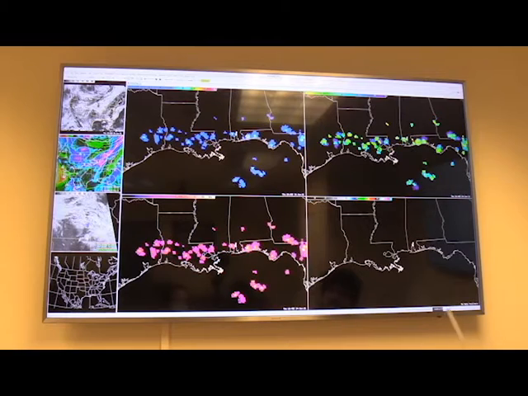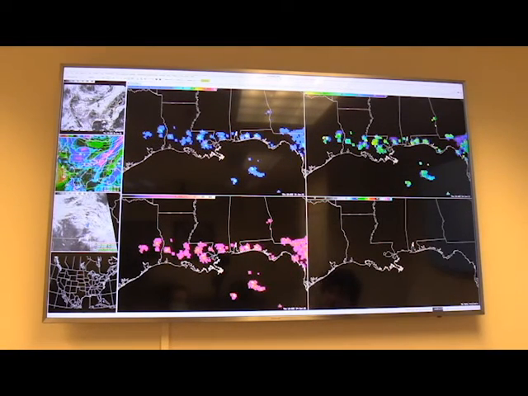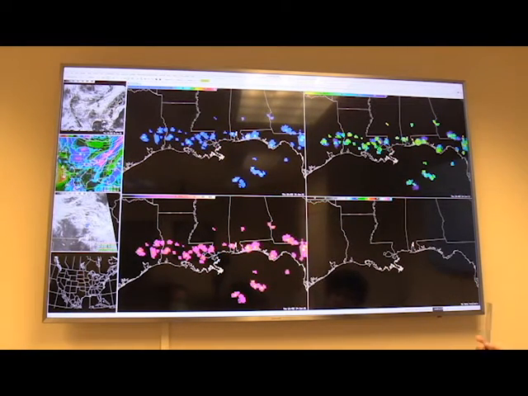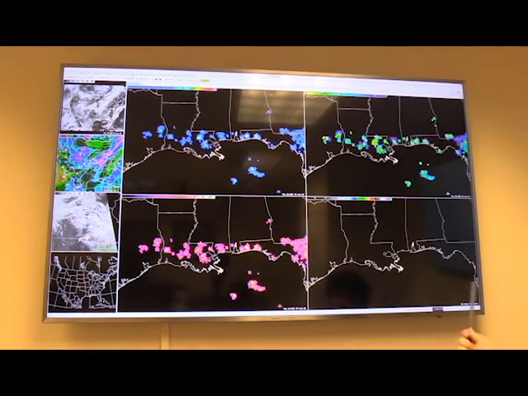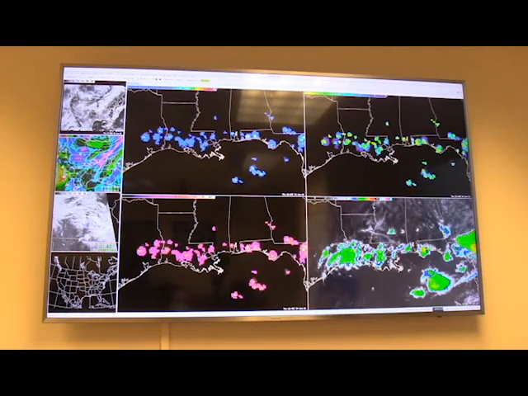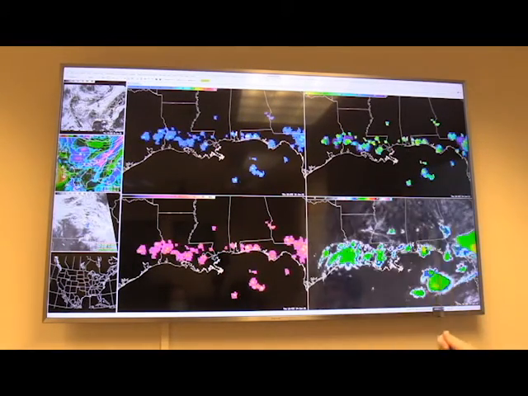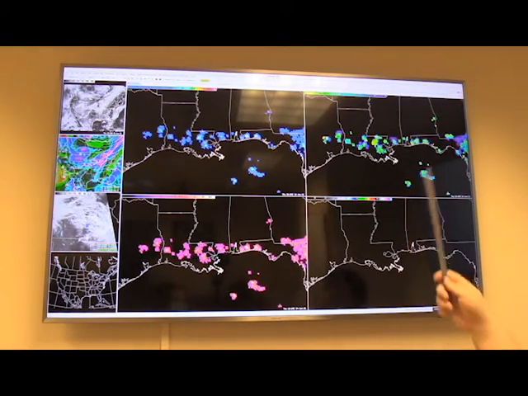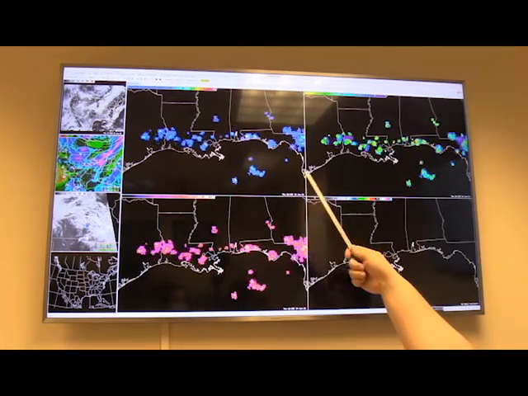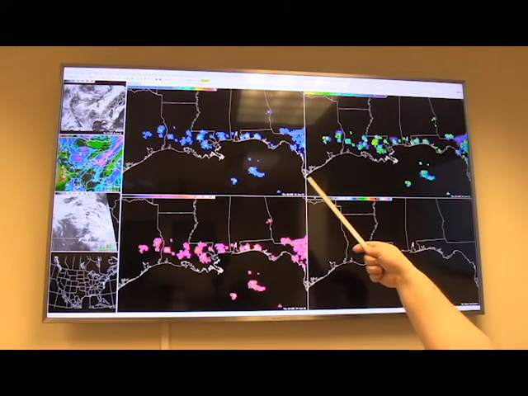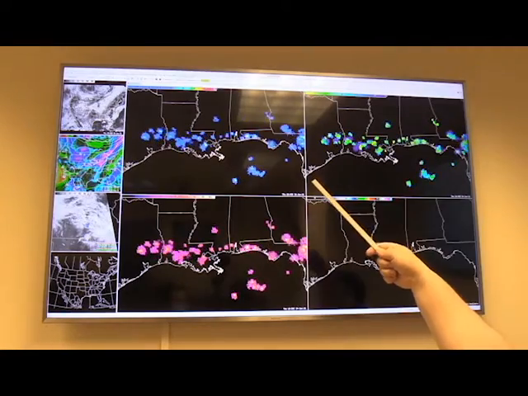And finally, for comparison, we have the GOES-16 full disk channel 13 longwave IR here in the bottom right. So what this allows you to do is easily pick out which storms are your strongest ones by looking for where you've got high flash density, such as in the far northwest portion of the Florida Panhandle.